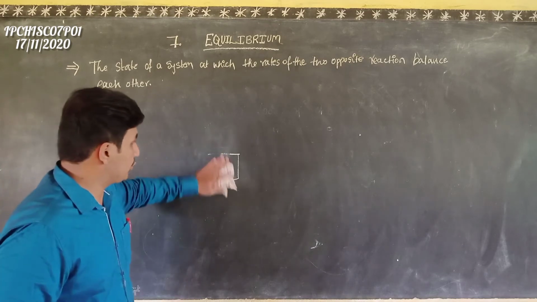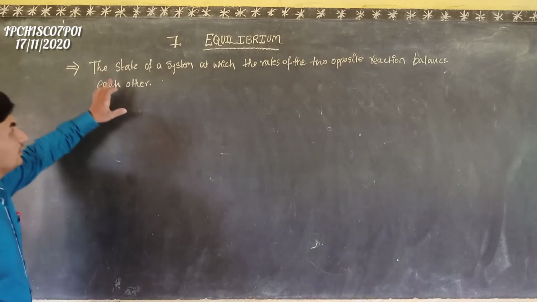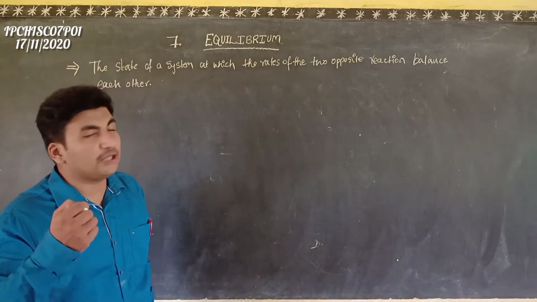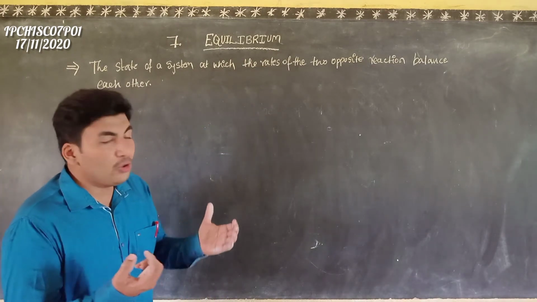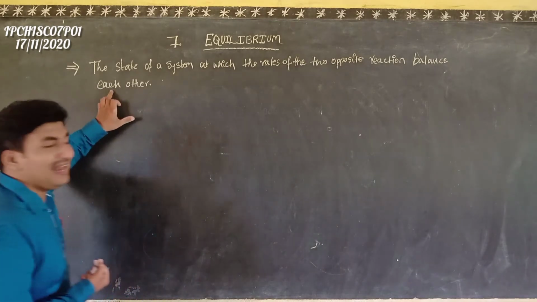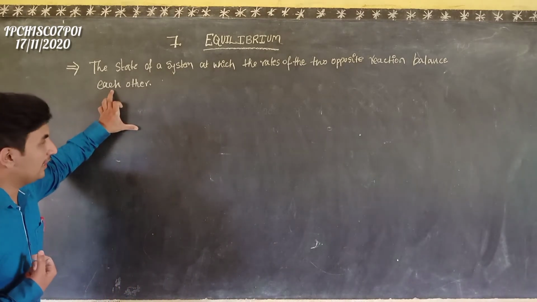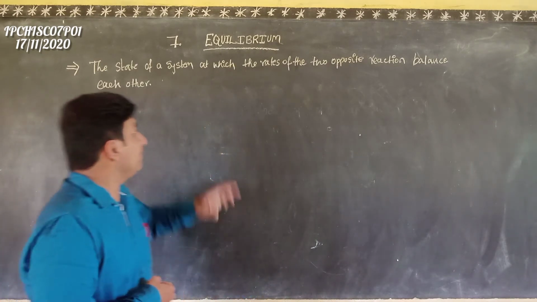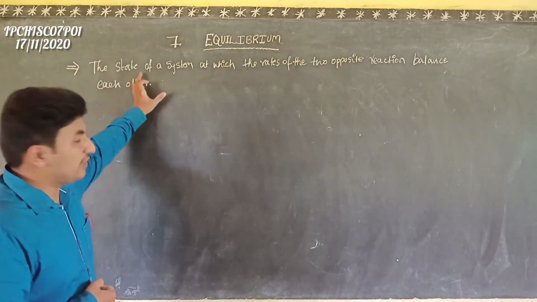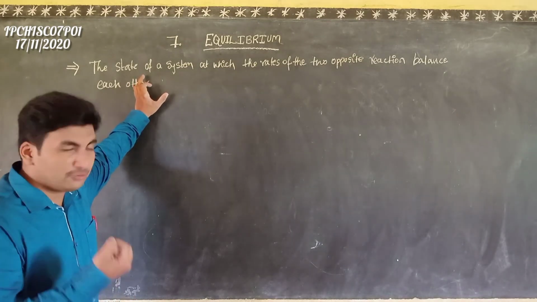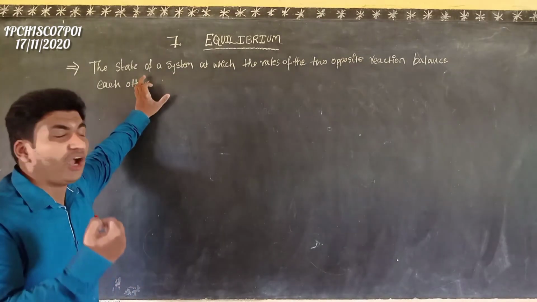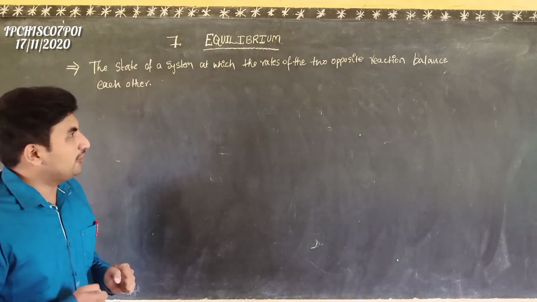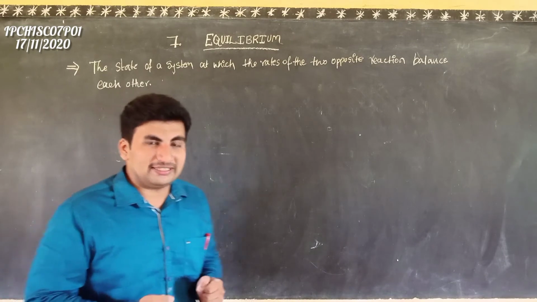equilibrium state will be observed. Equilibrium is the state of a system at which the rates of the two opposite reactions balance each other. What are those two opposite reactions?